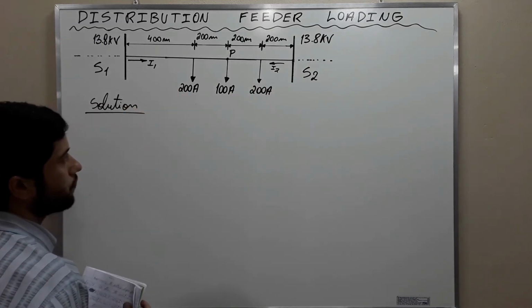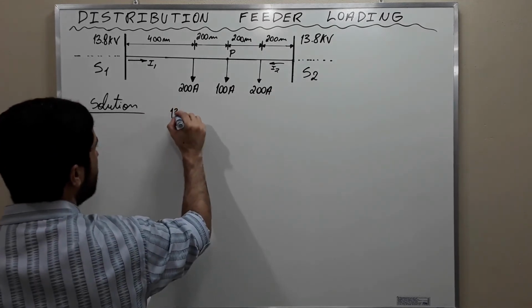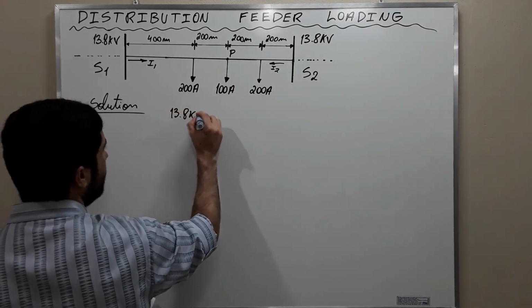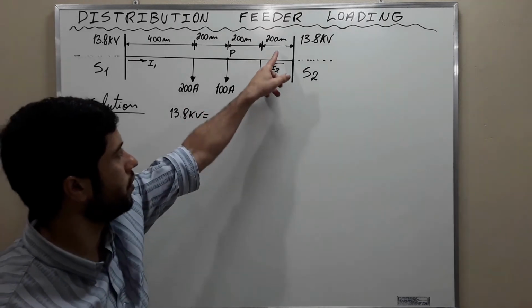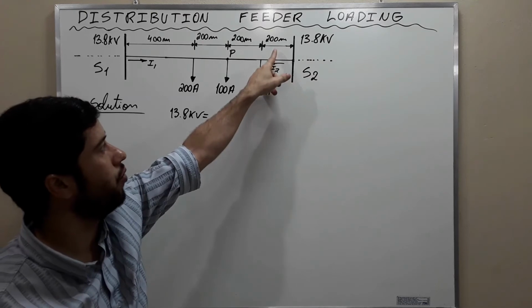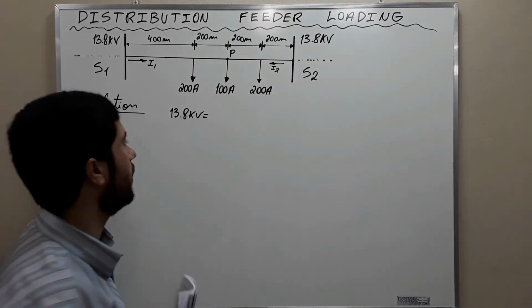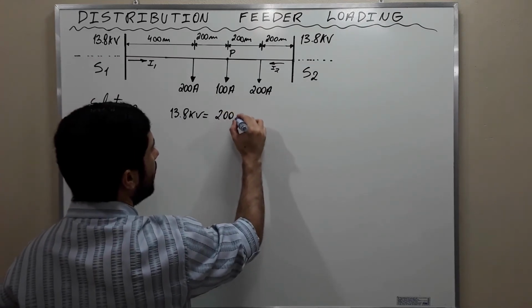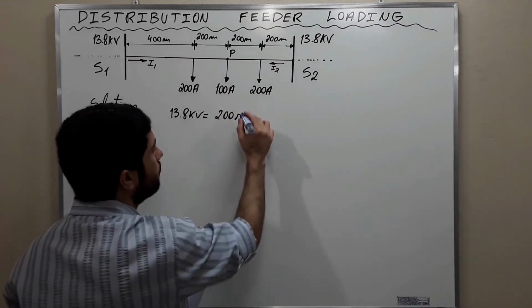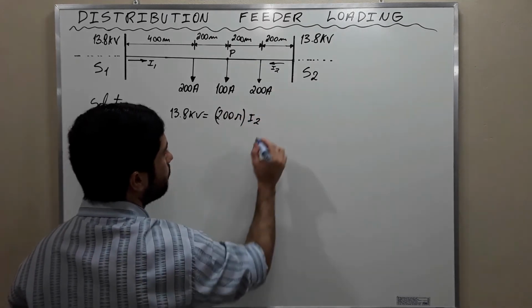At first, this voltage here, 13.8 kV, is going to be equal to the voltage drop here, which is the resistance, 200 meters times the resistance per meter, times this current I2.